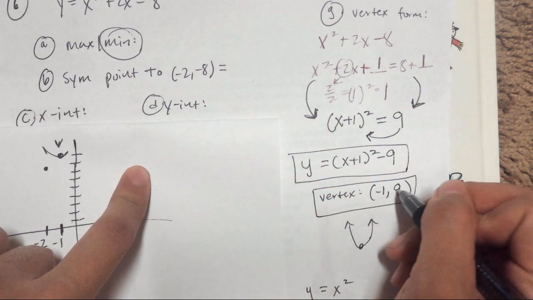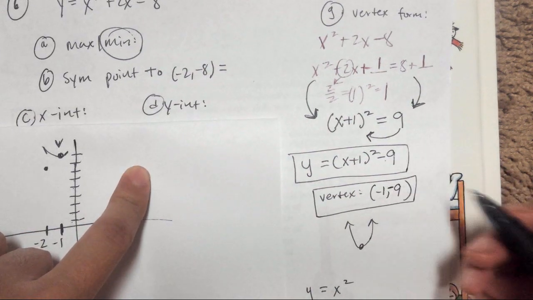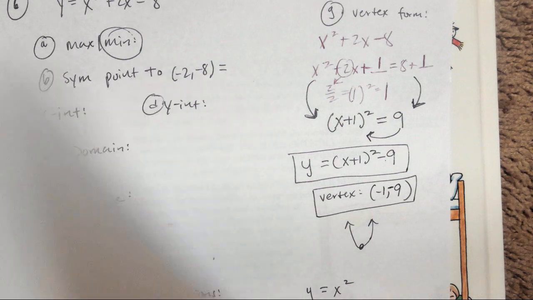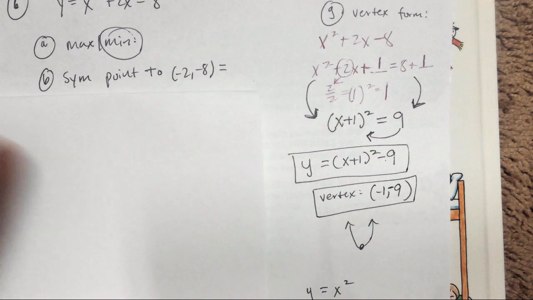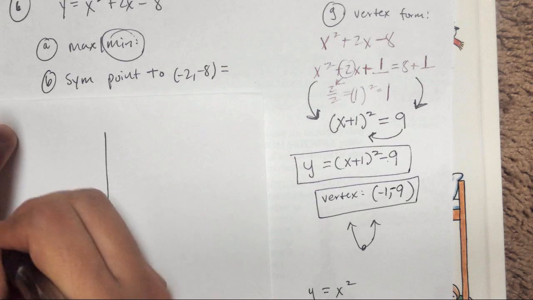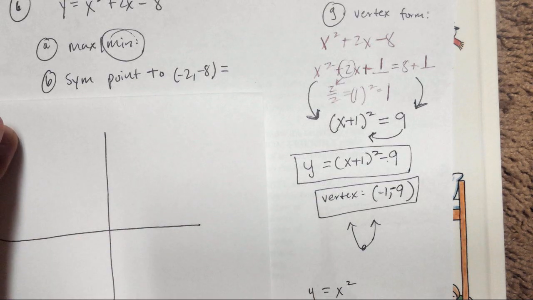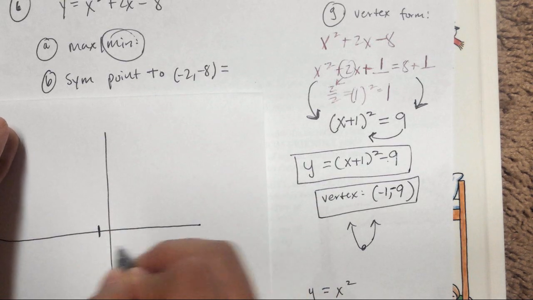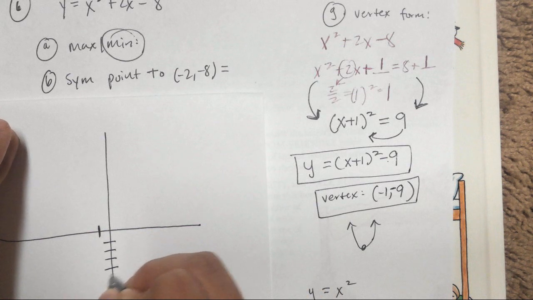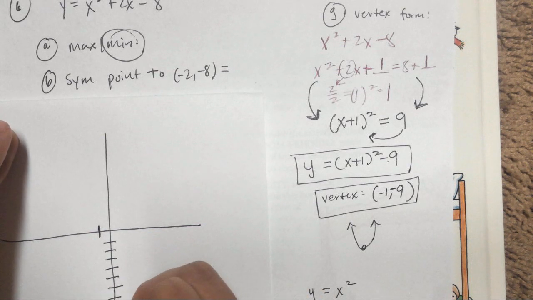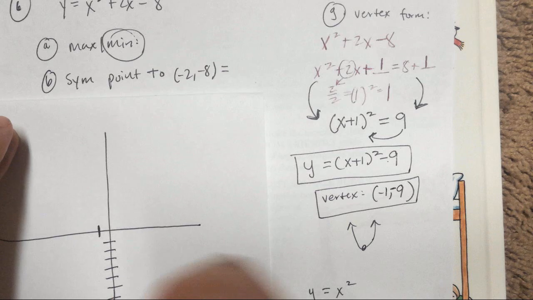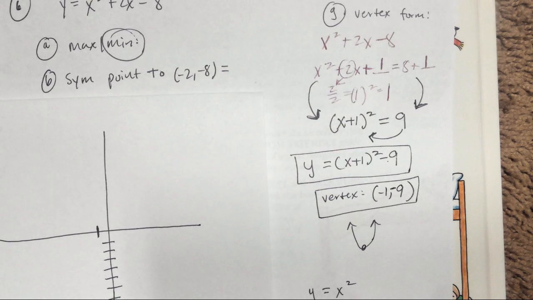I forgot to put the negative, sorry, because it's -9. So that's why my graph wasn't making any sense. So let me do that again. So vertex is -1, -9.